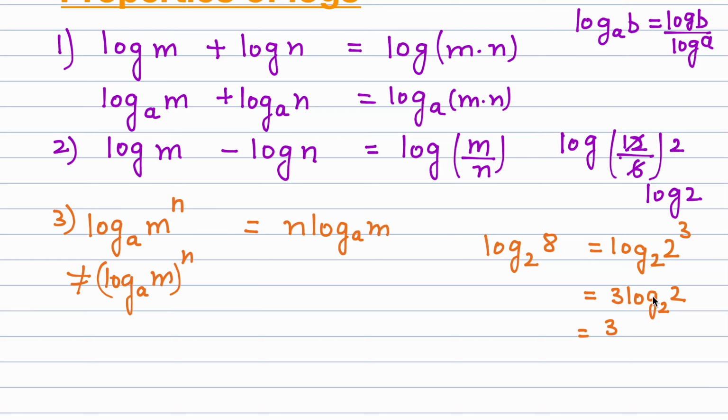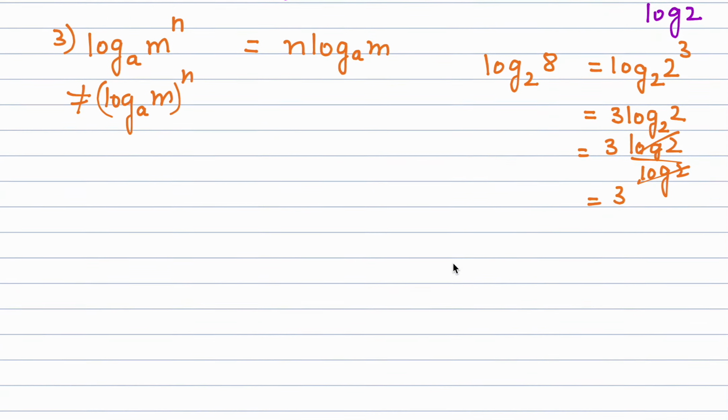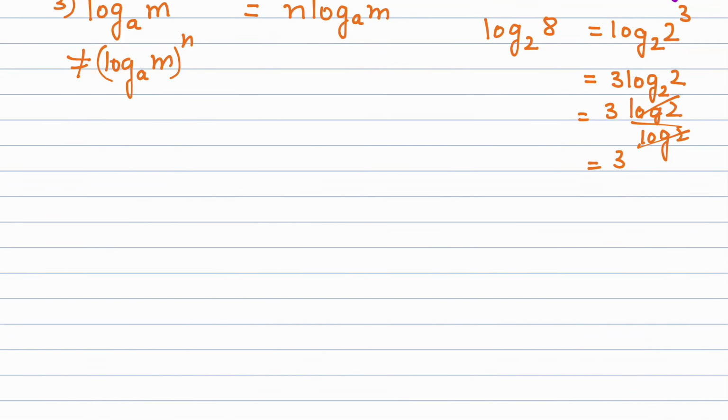If you apply the base rule, it's log of 2 over log of 2. So whole log of 2 is cancelled with whole log of 2. We cannot cancel the numbers a and b, but if a and b are the same, then it will be log of 2 over log of 2. So that will be cancelled and it is equal to 3. So see how this property and the base rule come together to solve a question with so much ease. Okay, that is the third property.